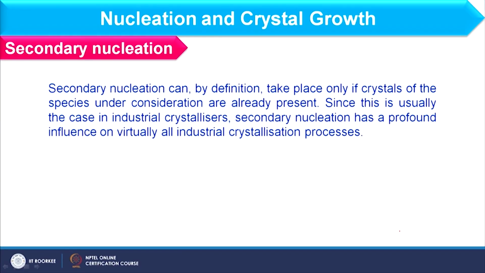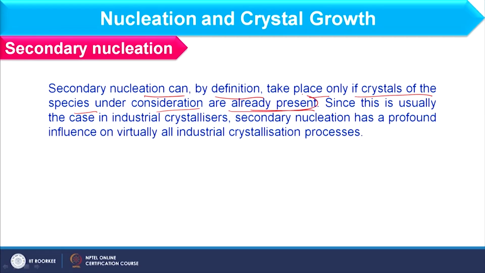Let us focus on secondary nucleation. As I have told you, it develops based on some nuclei. Secondary nucleation can by definition take place only if crystals of the species under consideration are already present.